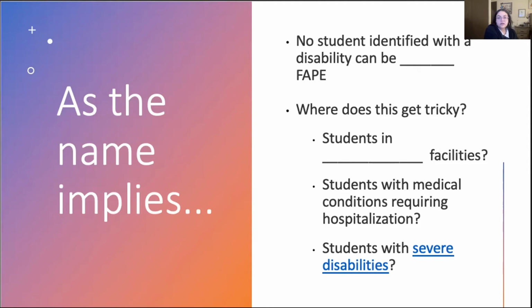All of them are requiring teaching if they're under the age of 18. And so many of those students had IEPs, and all of them were eligible for FAPE, regardless of what their current schooling or housing situation may be or was.